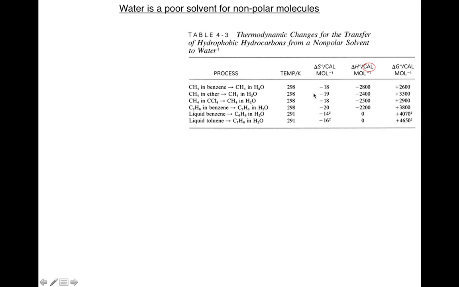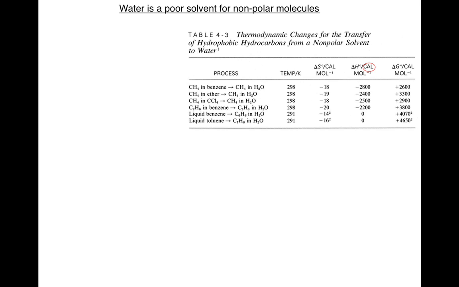What you see is that there is a very unfavorable entropy associated with moving a nonpolar solute into water. Remember, delta G is delta H minus T delta S, so a negative entropy will give rise to a positive, unfavorable change in delta G.